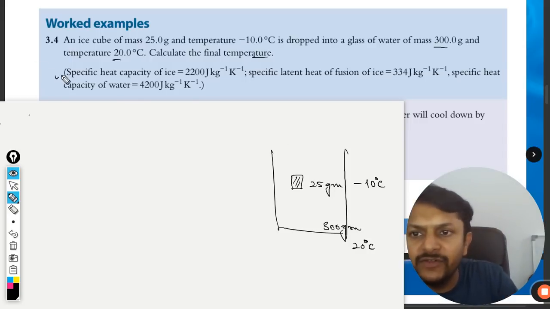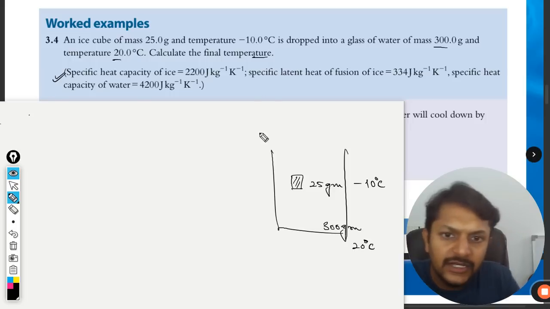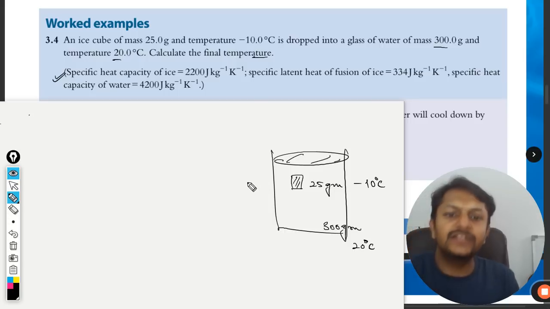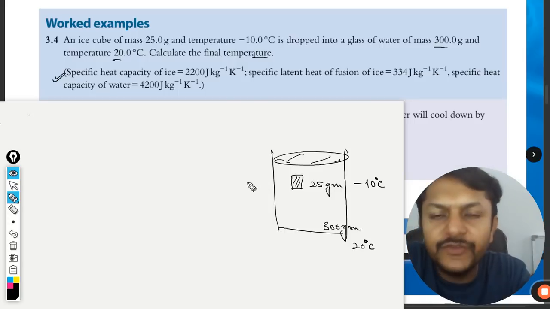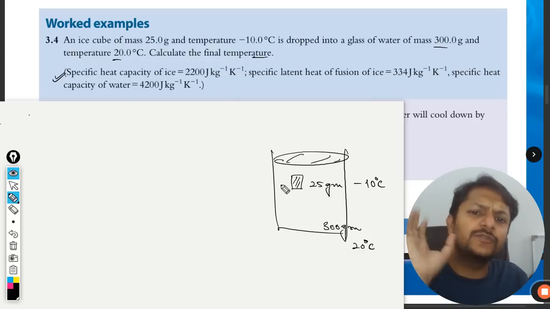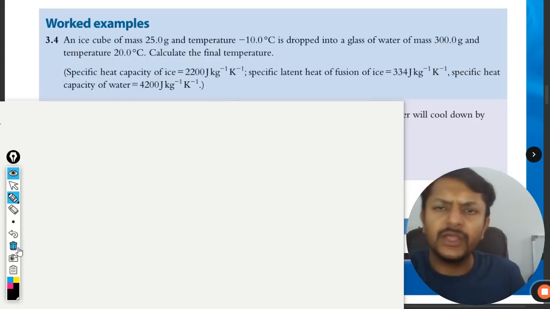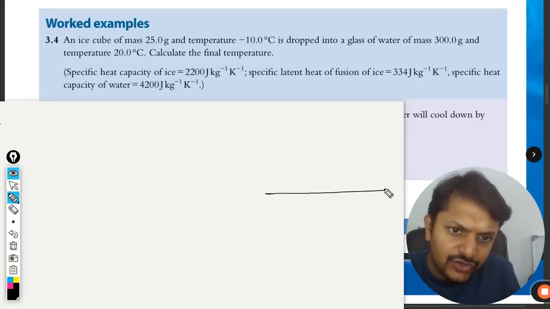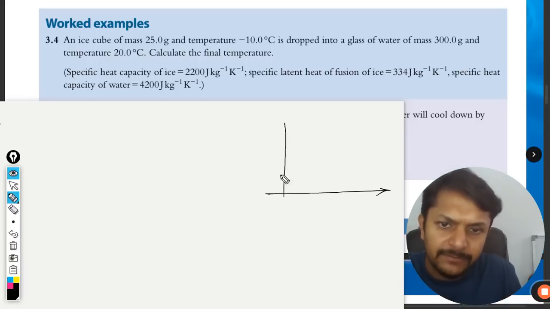Specific heat is given everywhere. So we will see that. So this is the liquid here. So the heat lost by water will be equal to heat gained by water. In these kind of questions, what we do, we draw a graph, and the graph is actually temperature versus time, like this.